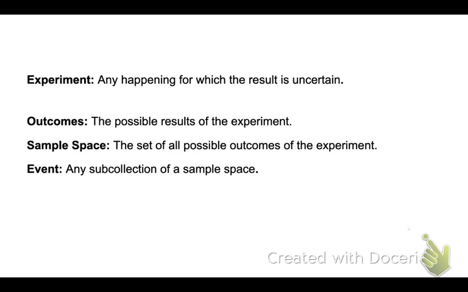An event is a sub-collection of a sample space. So my sample space is from 7:50 to 8:10, but the event is the actual time you show up. Does that all make sense how I broke that down?